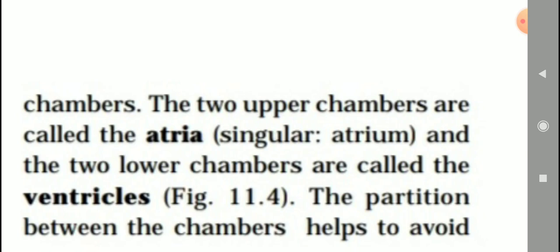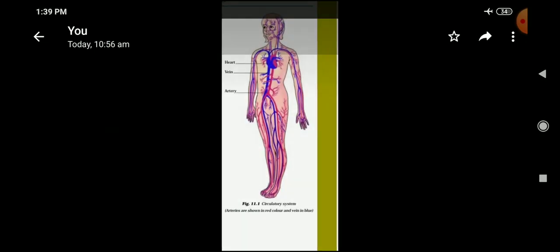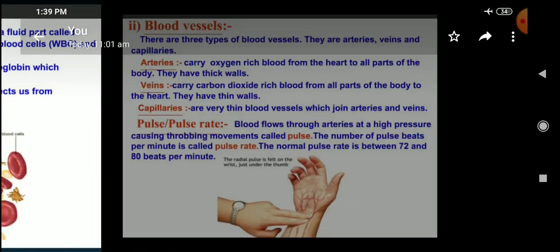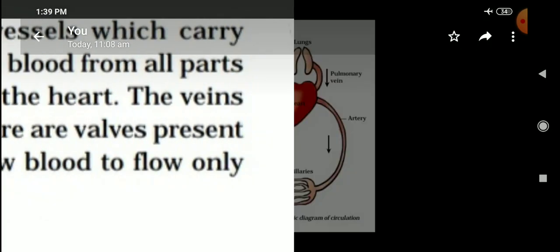Atrium and ventricle. Two atria, two ventricles. Right atrium, left atrium. Right ventricle, left ventricle. So the human heart has four chambers. Listen, students.